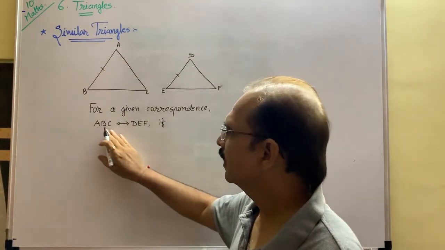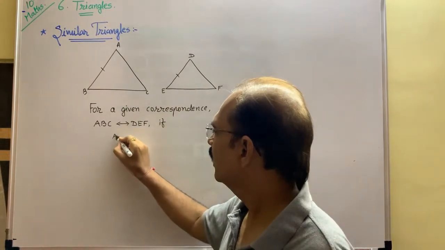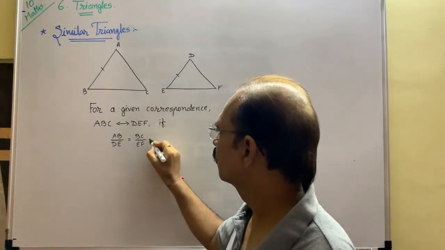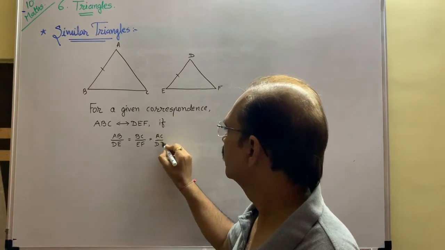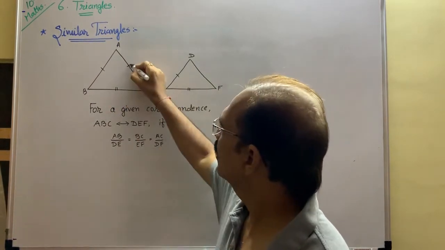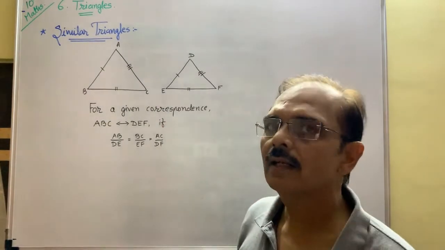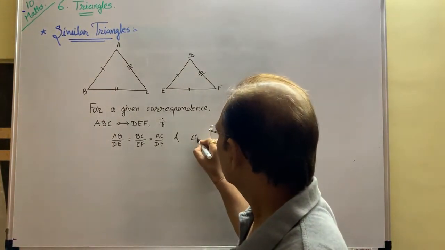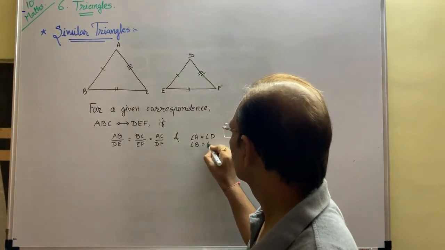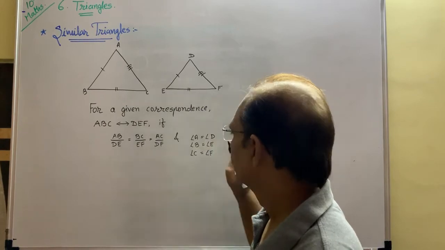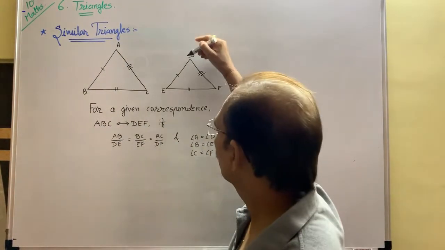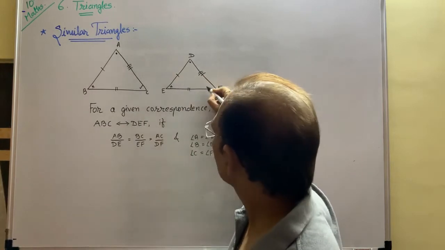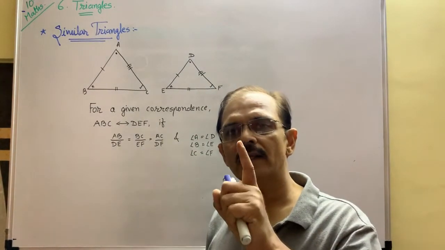So for given correspondence ABC corresponding to DEF, if AB upon DE, this ratio, and BC upon EF, this ratio, and AC upon DF, this ratio, if these ratios are equal, all these three sides are not equal, their ratios are equal, their proportionality are equal, okay, and angle A equal to angle D, angle B equal to angle E, angle C equal to angle F. Corresponding angles, angle A, its corresponding angle is D, angle B, its corresponding angle is E, angle C, its corresponding angle is F. So their corresponding angles are equal.